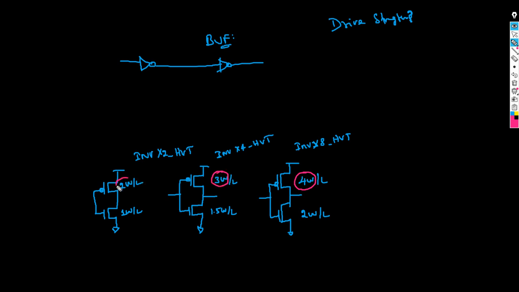The transistor W, both NMOS and PMOS, increases. So that means this transistor or this whole gate can drive more load. Okay, this can drive more load.